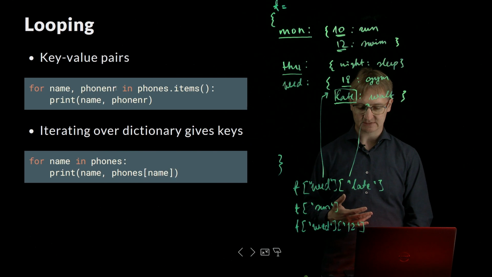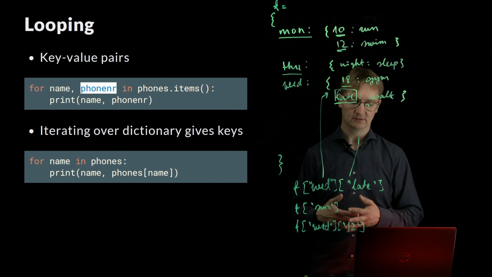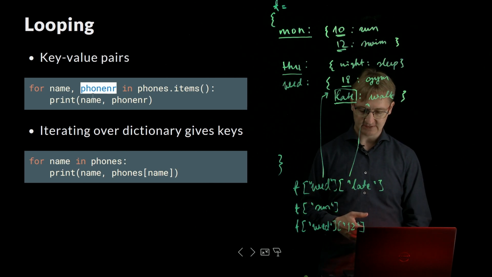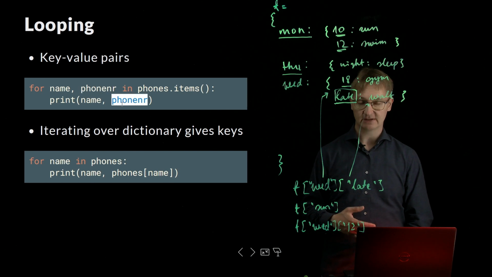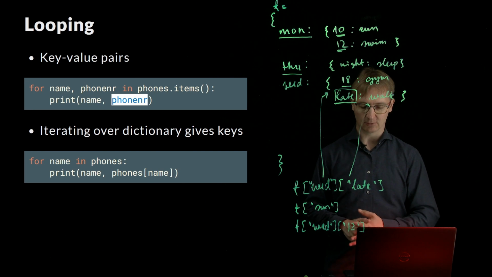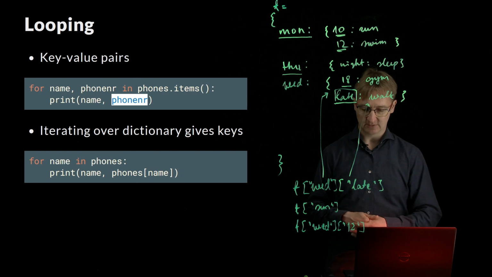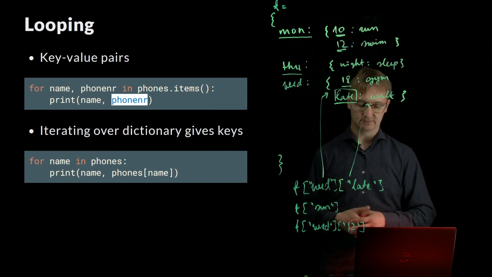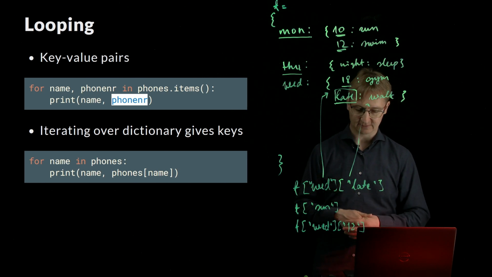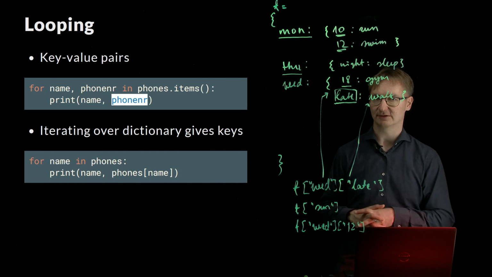Currently it's understandable that I have phone numbers there, but it might not be the case. In those cases, it's always easier to understand if you use these items and give meaningful names to your variables. Now if I use one variable here, then I know what the writer of this code meant when the code was written. You should always think about another developer later on being able to understand your code.